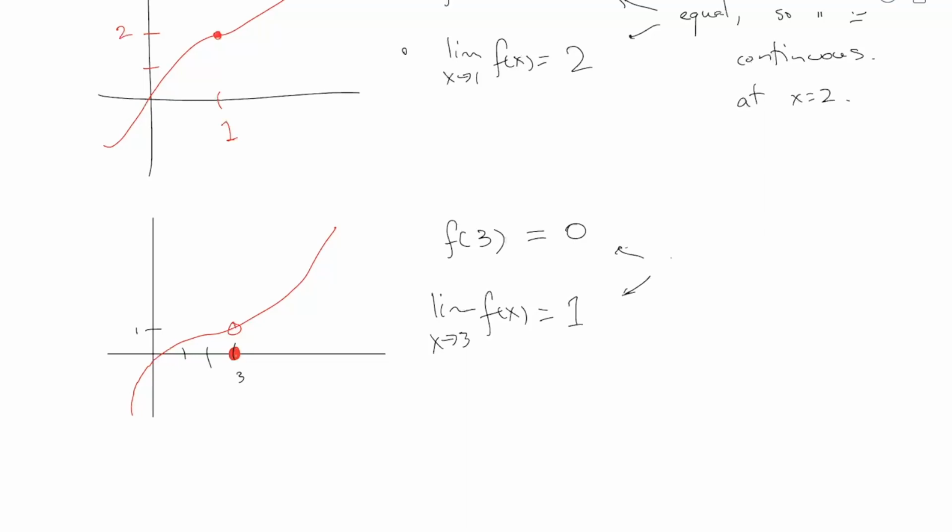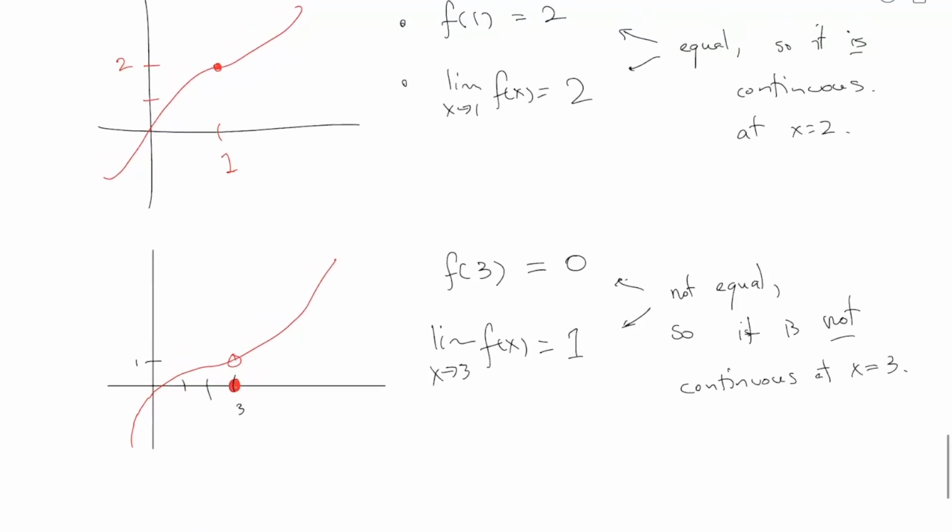So these are not equal. So it is not continuous at x equals 3. All right. This is the somewhat technical definition of continuous. Any thoughts about that?